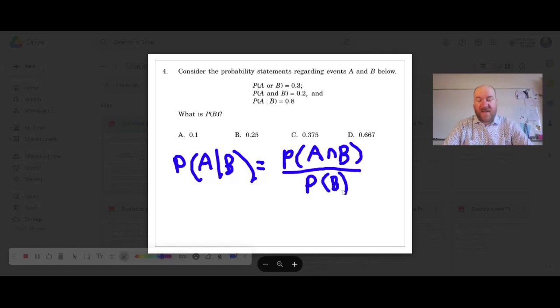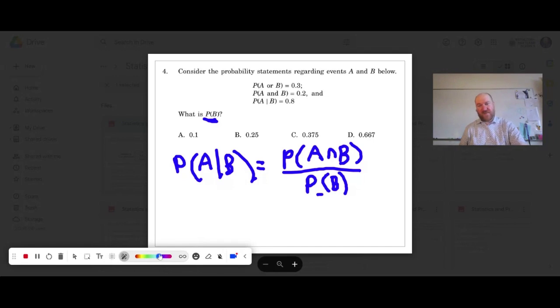So this fact says that the probability of A given B is equal to the probability of both things happening divided by the probability of just B happening. And this is what we're looking for. We're looking for the probability of B happening, right?